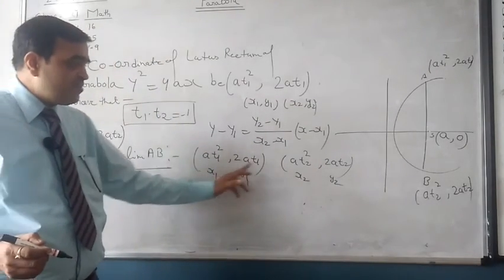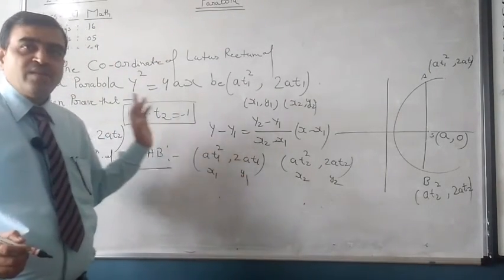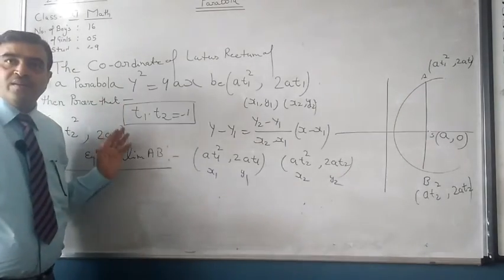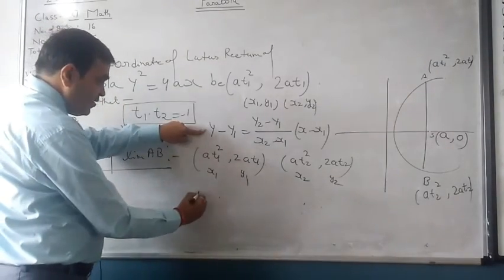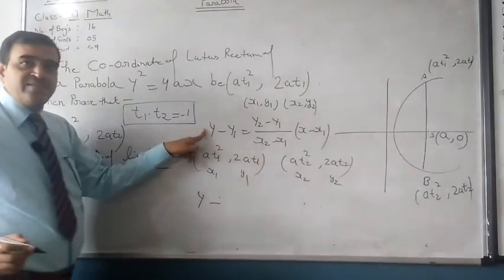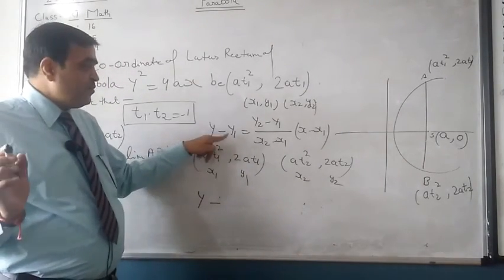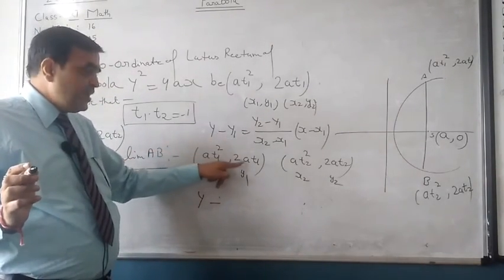Now put all these values in this equation. Look, y minus y1, and y1 is 2a t1.